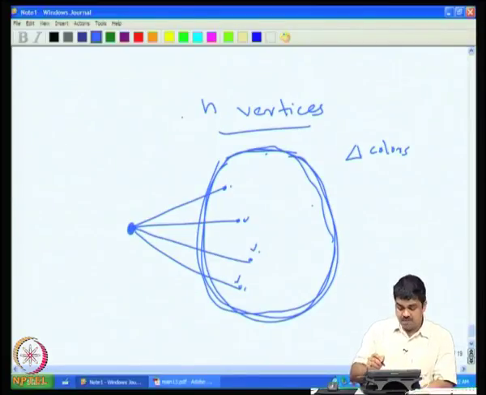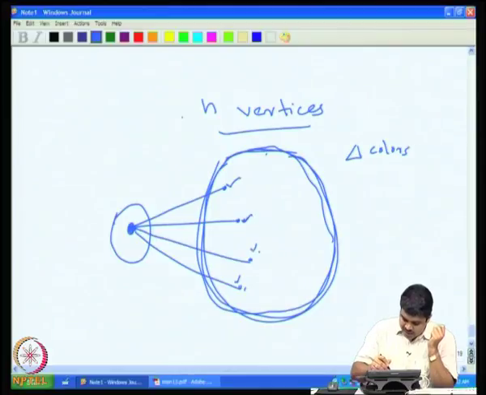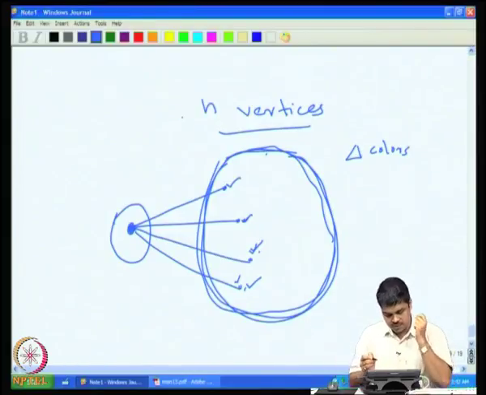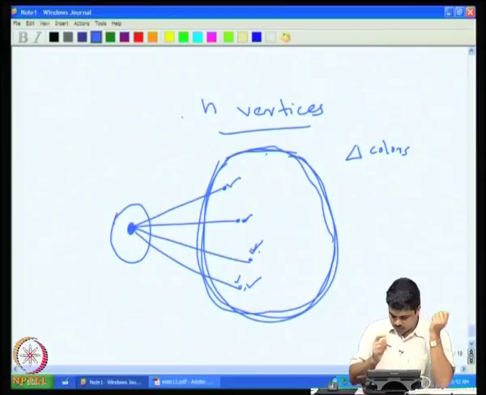But whatever it is, as far as the original graph is concerned, if this was not a delta degree vertex, it will see only delta minus 1 colors here, and so it can be colored using delta colors.